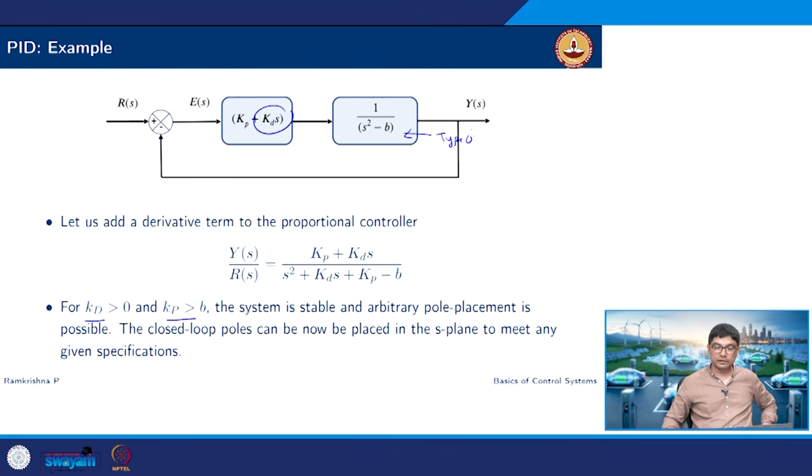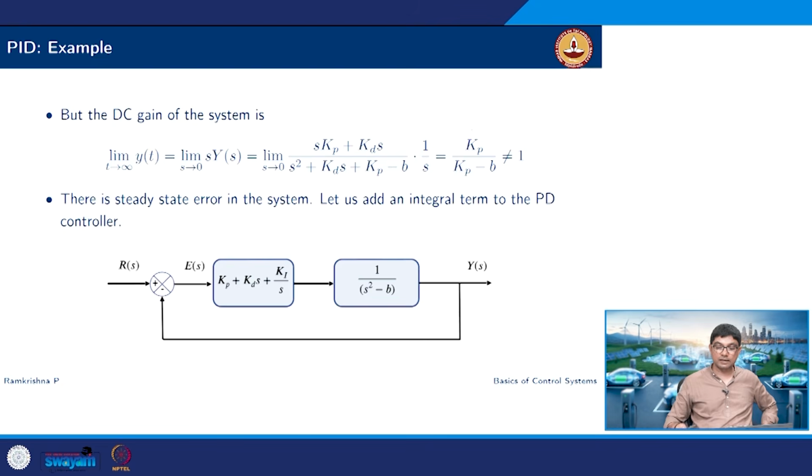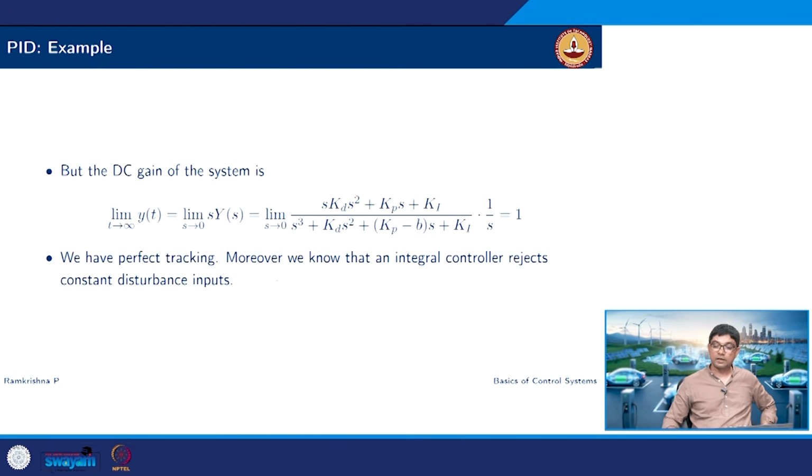So what do I do with the steady state error? I already know the answer. I just add an integral term here. Because of the integral term, I also know that I have perfect tracking. In addition, I also know that integral control rejects constant disturbance inputs.